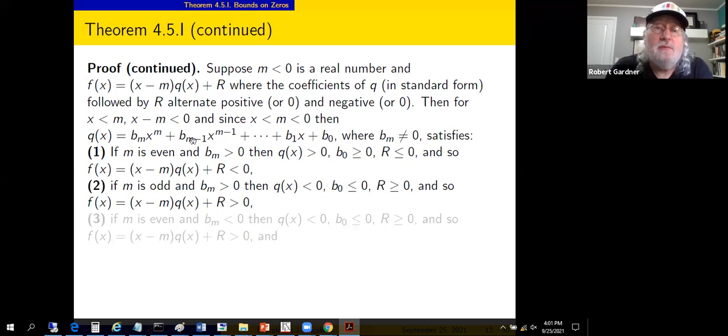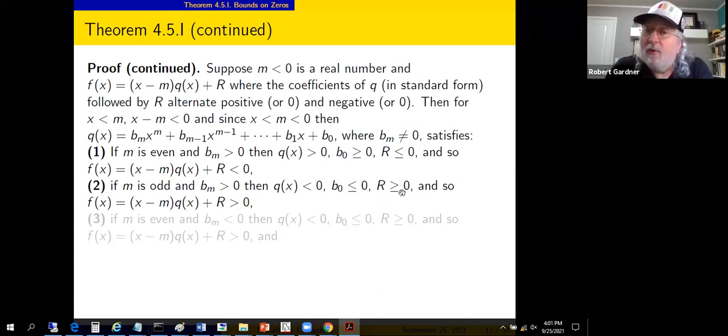And similarly to how we argued in part 1, we can show this one is negative and this one is non-negative, non-negative, non-negative, non-negative. Excuse me, I said it wrong, much regrettably. Sorry, this one is negative. And this one is non-positive, non-positive, non-positive. Negative, negative or 0, negative or 0, negative or 0, negative or 0.